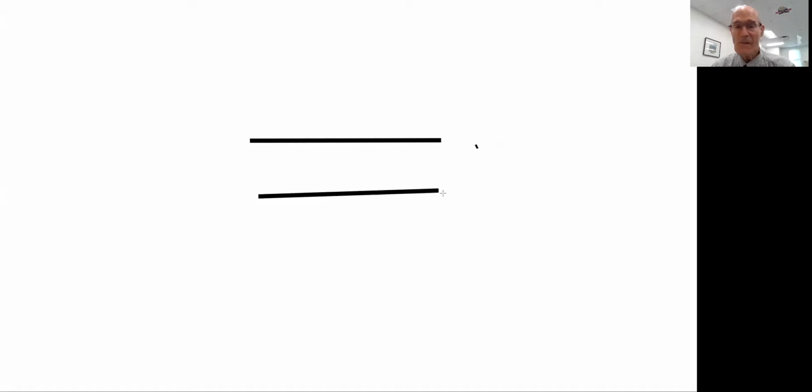Once again, I'll undo this and I'll show you a couple of problems that we looked at here. So if I have two lines, let's say we have two lines here, a second line here, two lines cut by a transversal, and let's say this angle here is 5x plus 7.